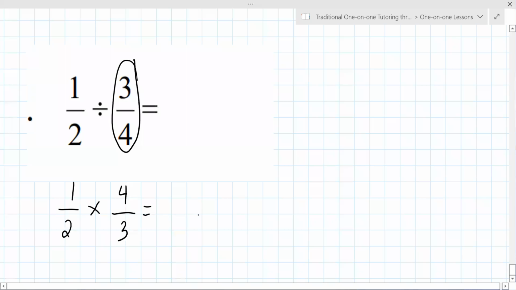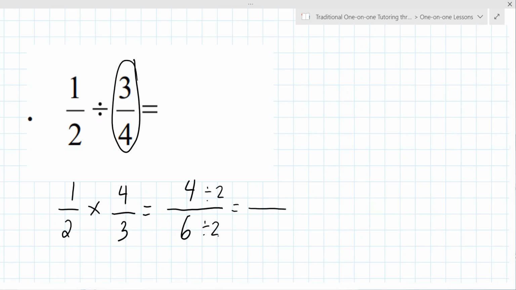Hold on. So you flip it and then you multiply it, always. Yes, you just always. So it'd be 4 over 6. Yes. But then could you reduce that at all? Yes. Oh yeah, just 2. Your intuition is right.